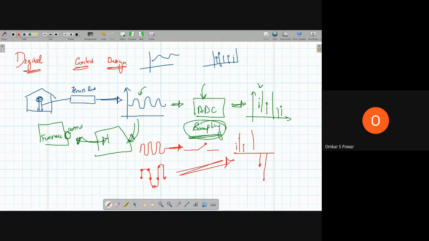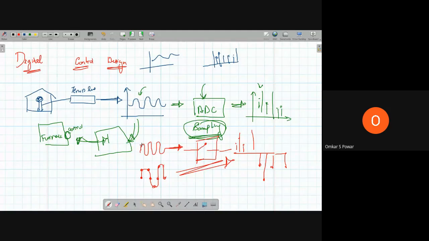It's that simple, so do not make things complicated. It is just a switching process. You're going to use a switch and switch it at a fast rate, on off on off. For example, in your home there is a tube light burning. If you switch on, switch off, switch on, switch off at a faster rate, it blinks on off, on off.